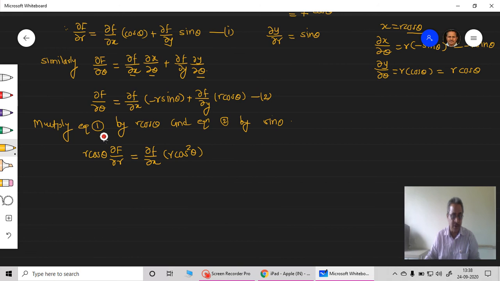This is the first term on the right hand side, and plus the earlier term was ∂F/∂y into sin theta, and multiplied by r cos theta, this becomes ∂F/∂y into r sin theta cos theta. We can call this equation 3.